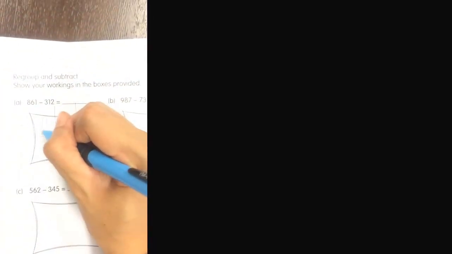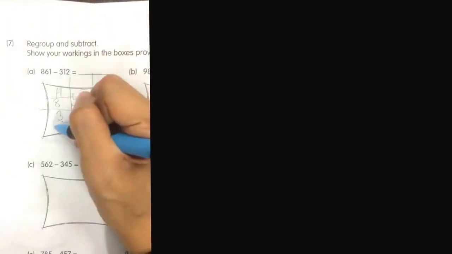You must always draw your boxes so you do not make any mistakes. Again, not enough, so you borrow from your neighbor. What is 11 minus 2? Correct, it's 9. 5 minus 1. Correct, it's 4. 8 minus 3. Correct, it's 5.